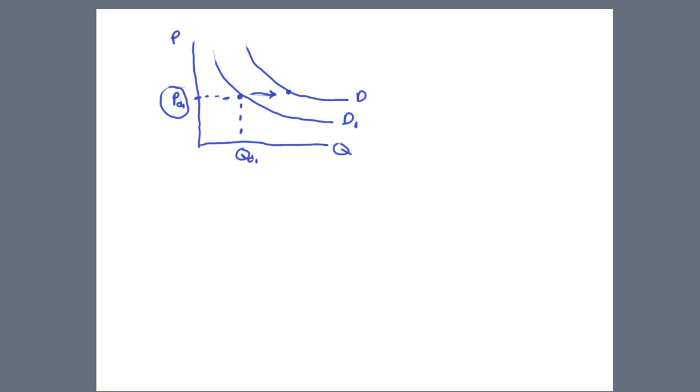We see that quantity demanded moved to the right, even though the price did not change at all. So A would be a shift, and it's due to a change in tastes. And in the next video I will move on to B.